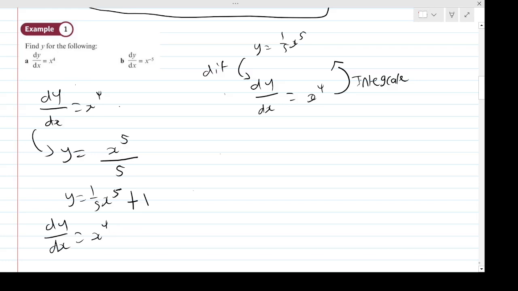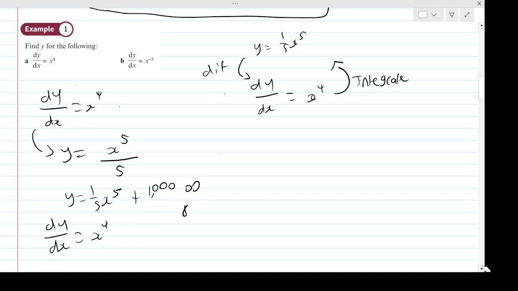Well, hang on a minute. How come there's a different expression for y? How come this is fine if I just have a 5th x to the 5, but it also is fine if I add 1? What about if I add, say, 2? If I differentiate, that will go to 0. If I add 1,000, that goes to 0 after differentiation, and I just get left with x to the 4. If I add any number, even a million over 7 to 8, that's a number that differentiates to 0, and that just leaves me with x to the 4.